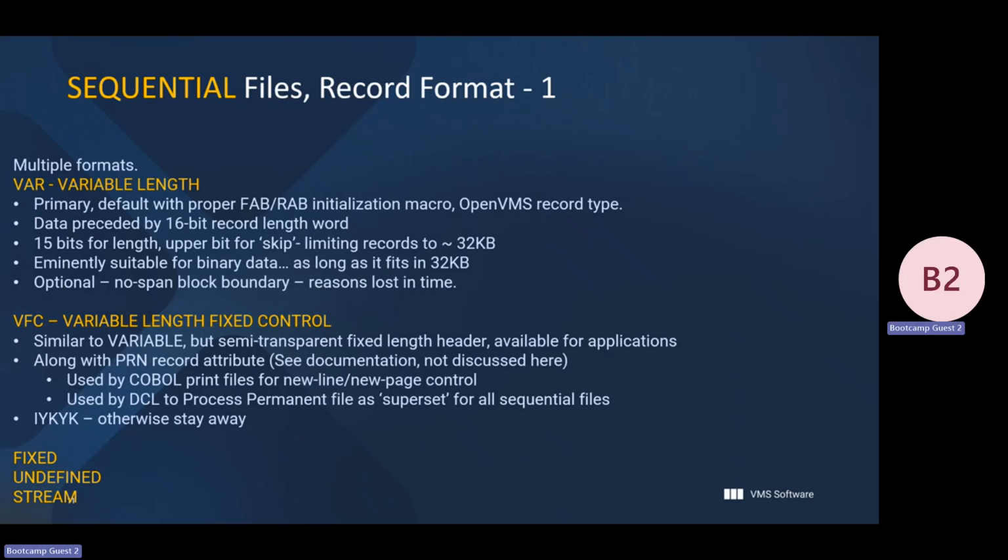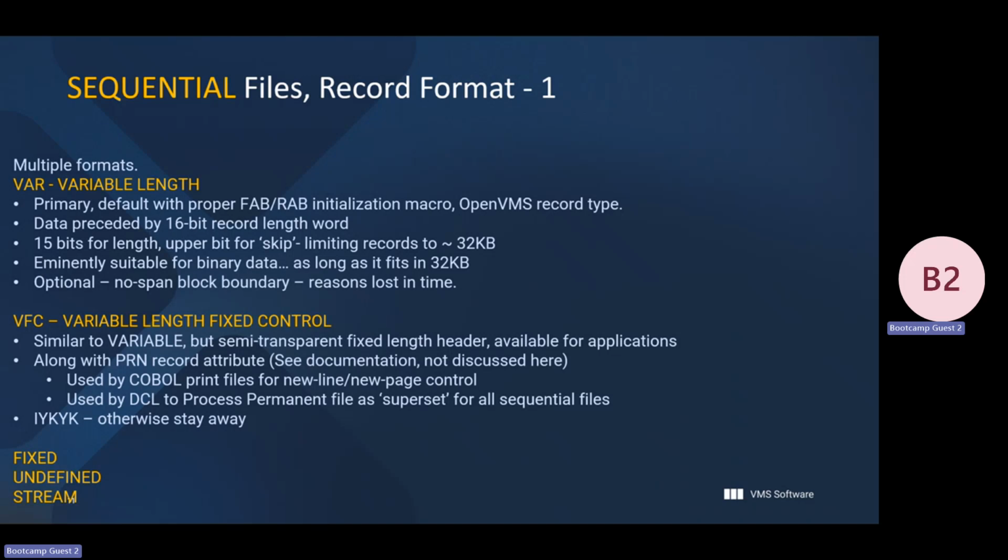In the next organization, I need to mention, but as an intro, people, please skip it. Because I can't stop myself, is variable length fixed control, where you do have that variable length, but there's also an extra part of the record where you can put, let's say, I think one of the examples, Fortran programs had line numbers in there.